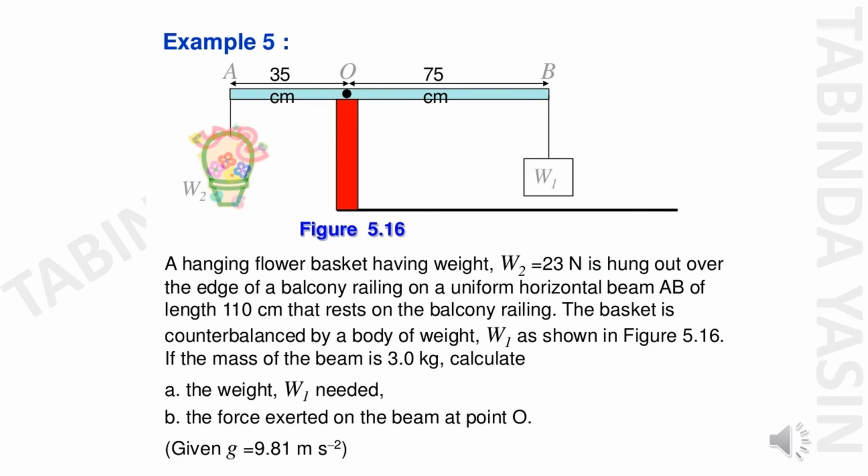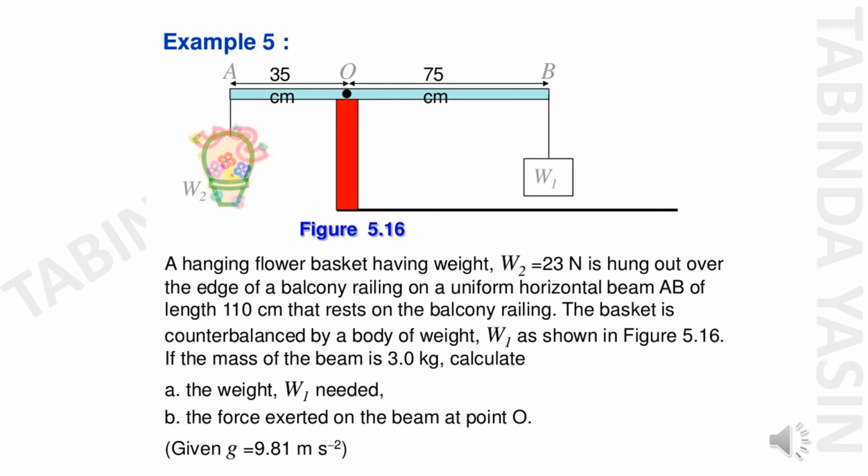A rod of total length 110 centimeter, from the central point O, is hung at point A with the weight W2, and at point B there is a weight W1. From point O to B the length is 75 centimeter, and from point O to A it is 35 centimeter.